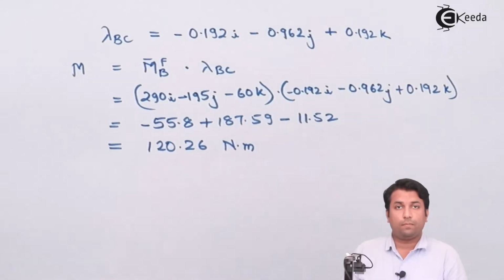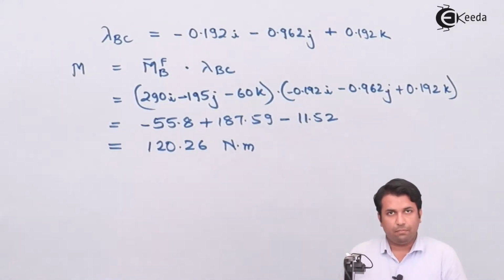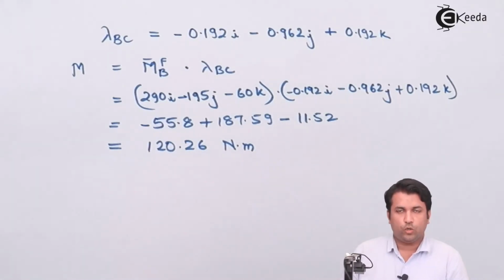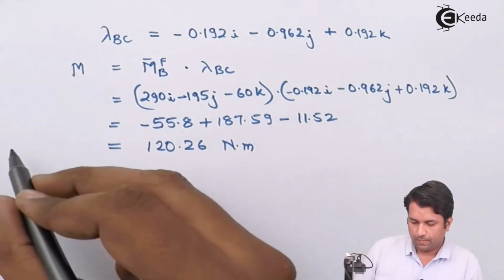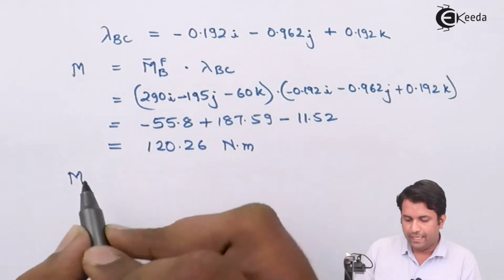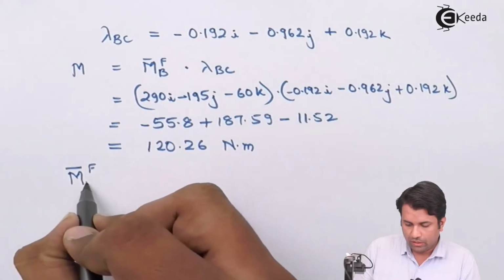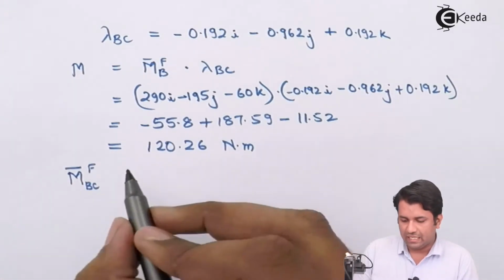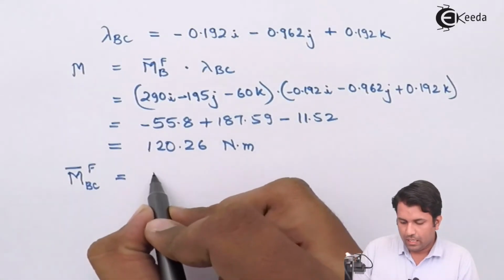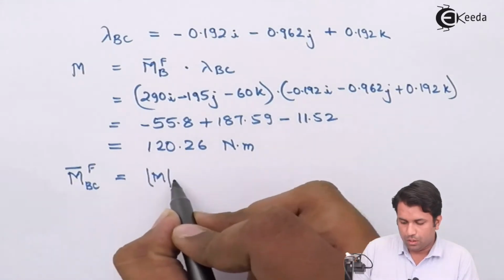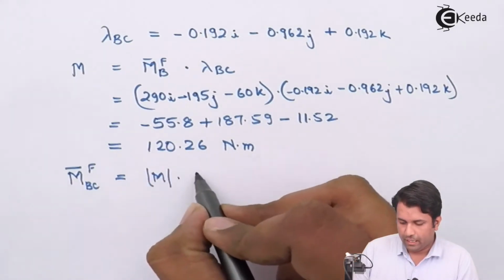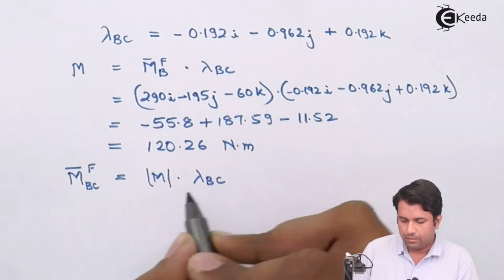Now to find out the moment vector about line BC, we will just multiply this magnitude with the unit vector. So the moment vector for the force with respect to line BC will be the magnitude multiplied by the unit vector BC.